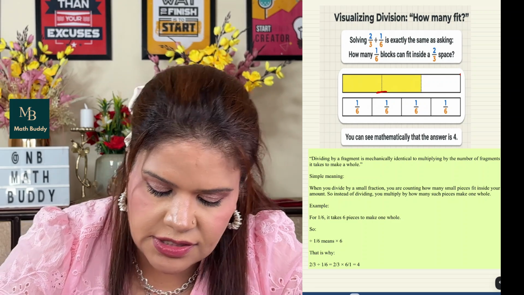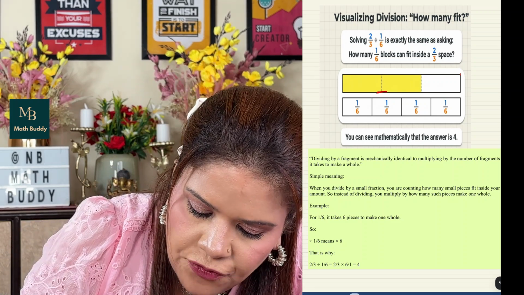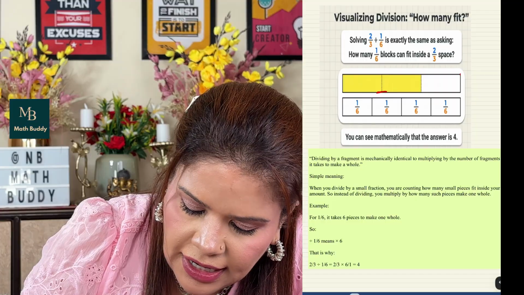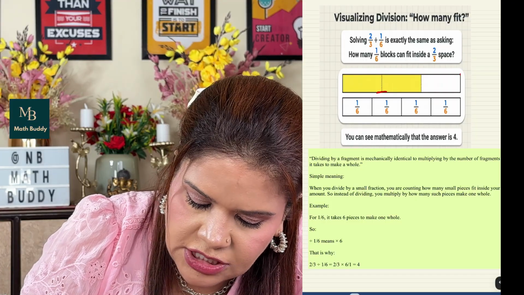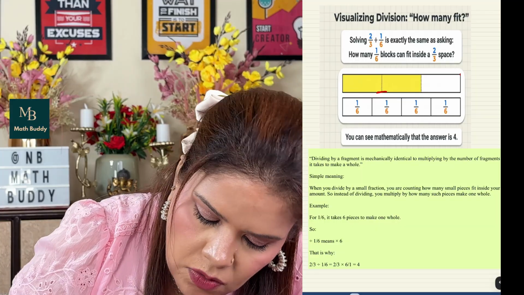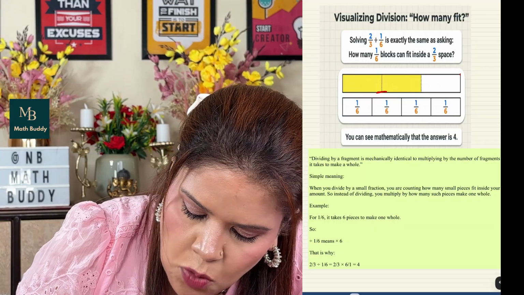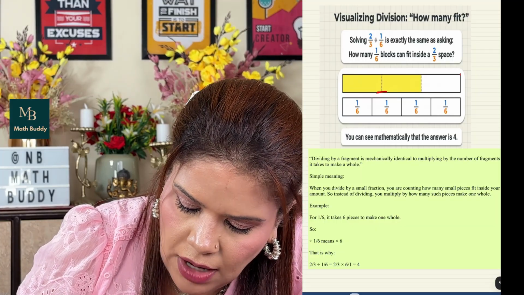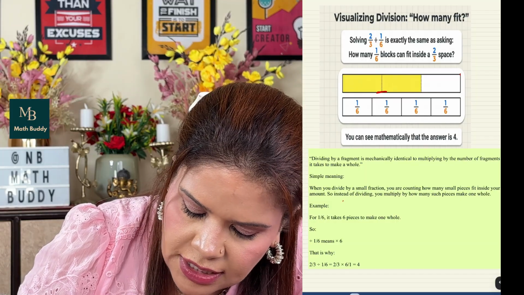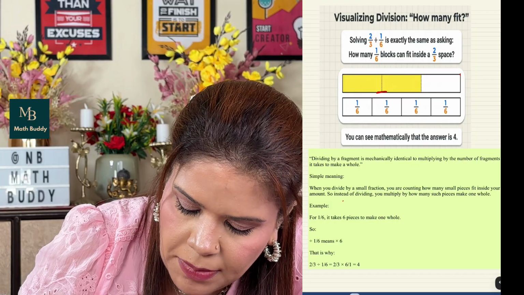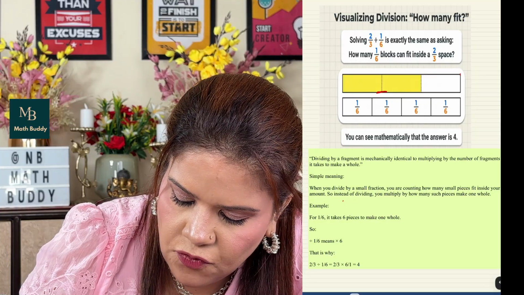Dividing by a fraction is mechanically identical to multiplying by the number of fragments it takes to make a whole. When you divide by a small fraction, you are counting how many small pieces fit inside your amount. So instead of dividing, you multiply by how many pieces make one whole.